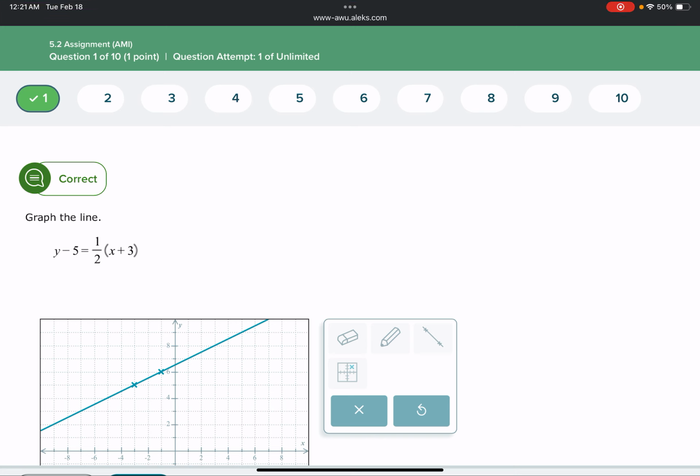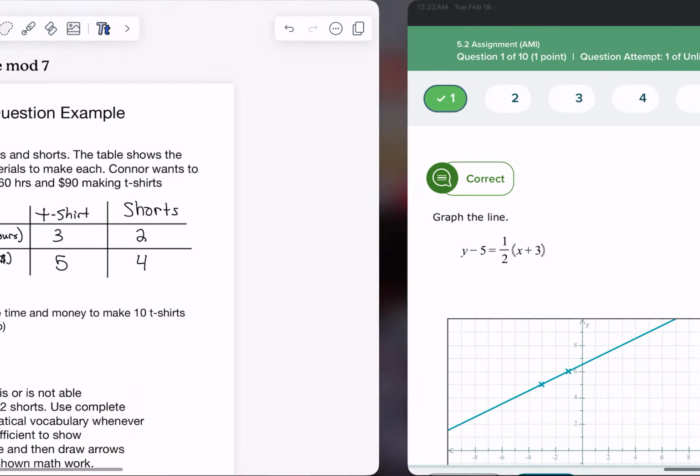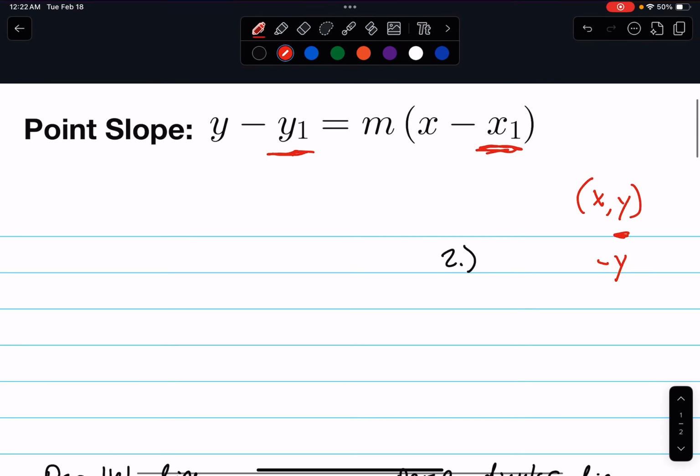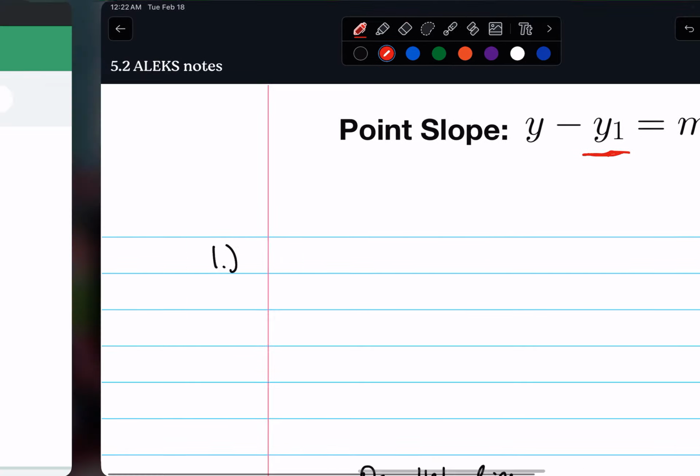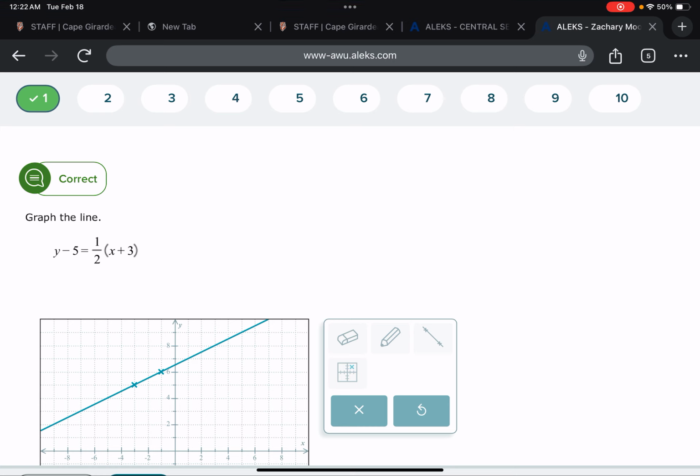So when you're looking at this equation given to you in point slope, you're going to look at the 5. And since it's a negative 5, it's really flip-flopped, and that's actually a positive 5. So your y coordinate is a positive 5, and then our x, since it's a plus 3, it's really flip-flopped, because when we go back to that formula, it's a minus x, but in this case it was a plus 3, so that actually means it's a negative 3.